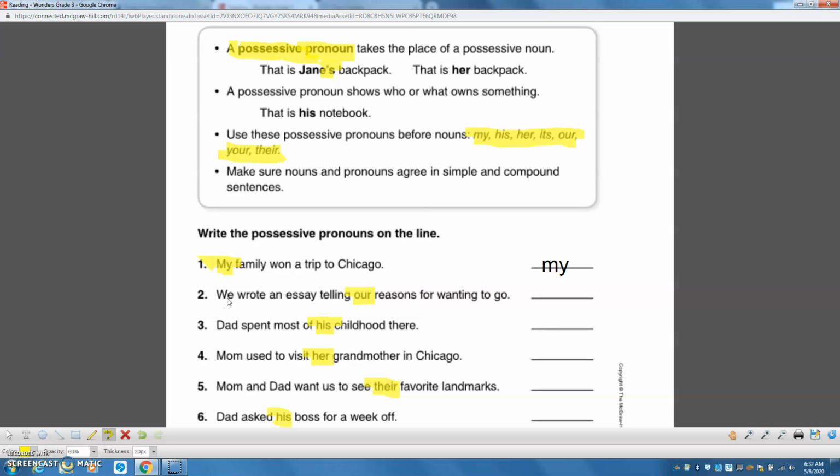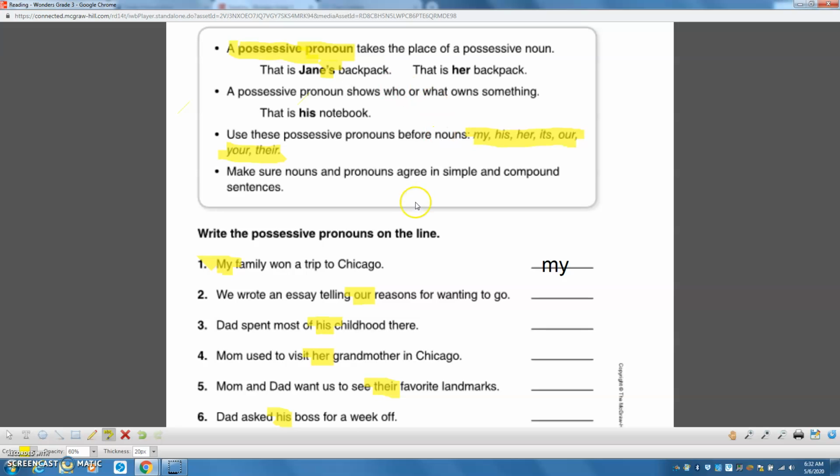Those pronouns replace a noun, but these pronouns, my, his, her, its, our, your, and their, are possessive pronouns. So they show that something is owned by something or someone, okay?